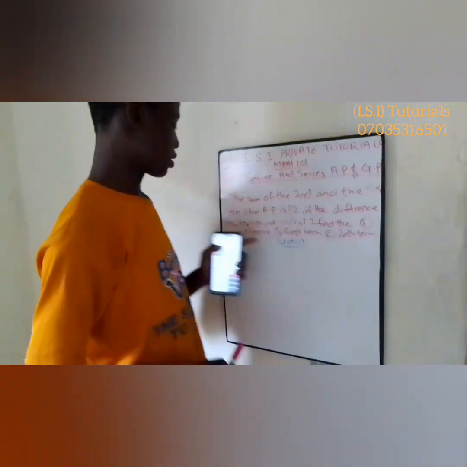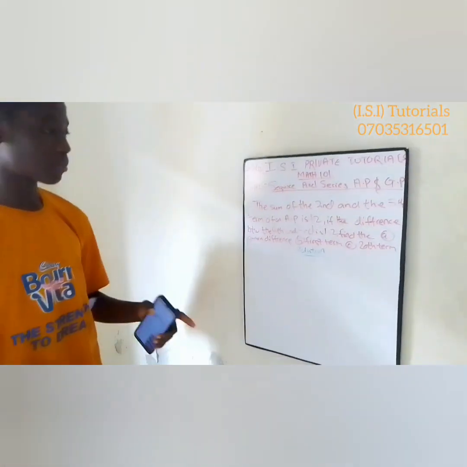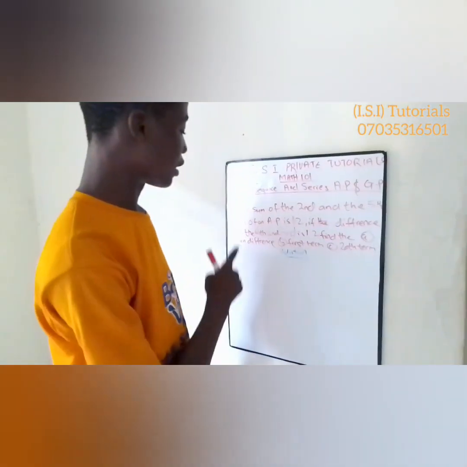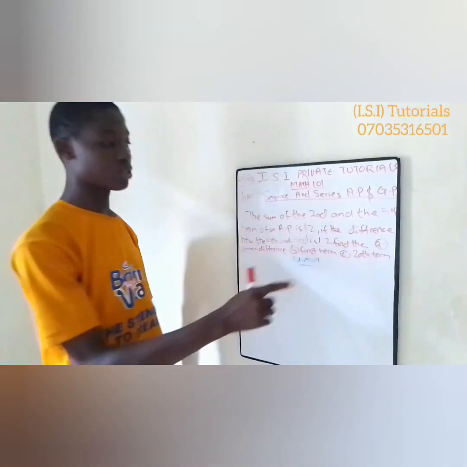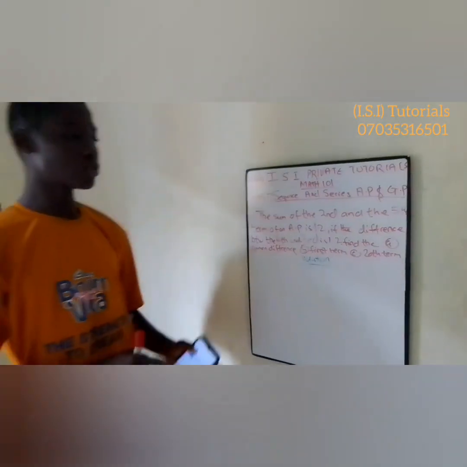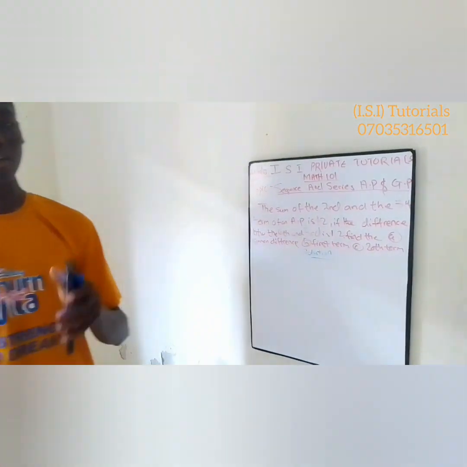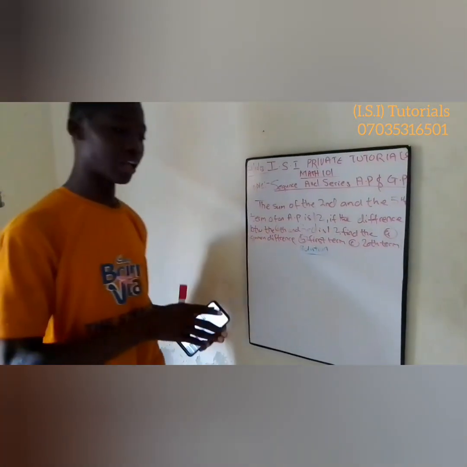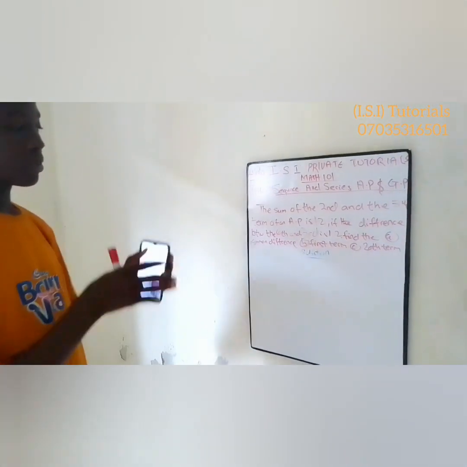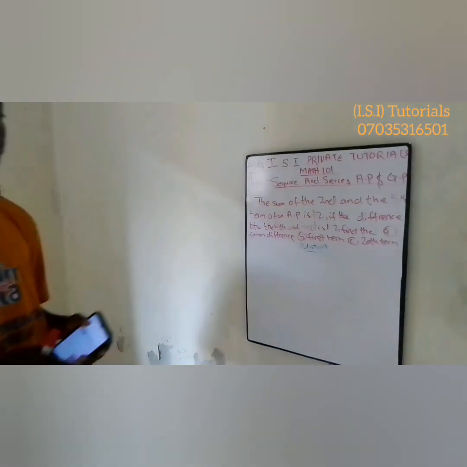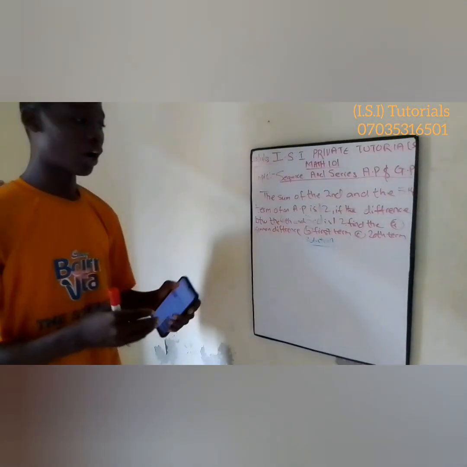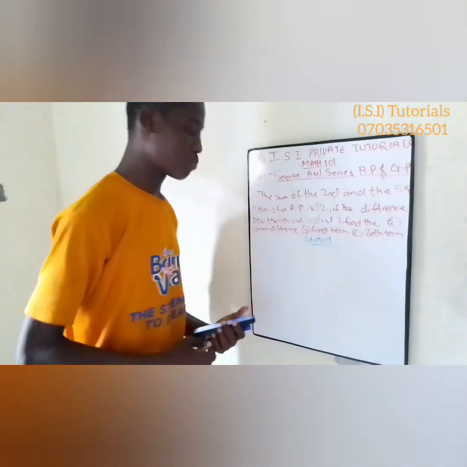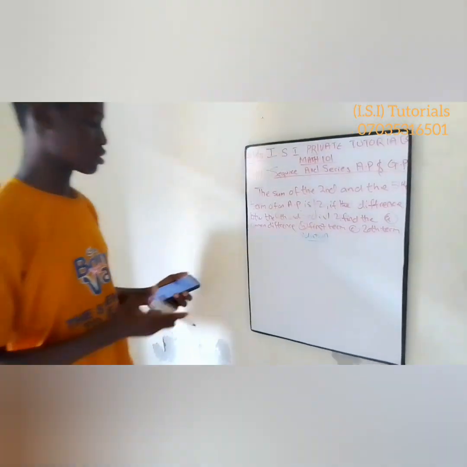If the difference between the sixth and third term is 12, find the common difference, first term and 20th term. According to the standard way of calculating, always write down all the formulas that we're using in that question. But because of the small size of my board, I'll be jumping some steps. So just bear with me as I explain orally.